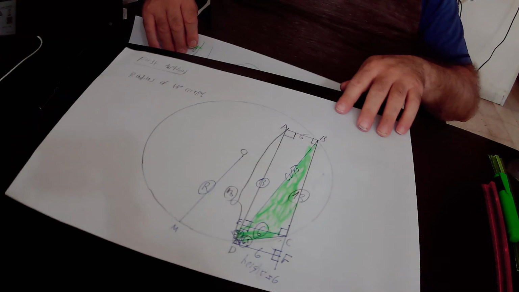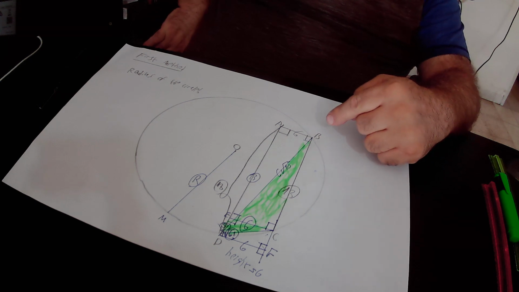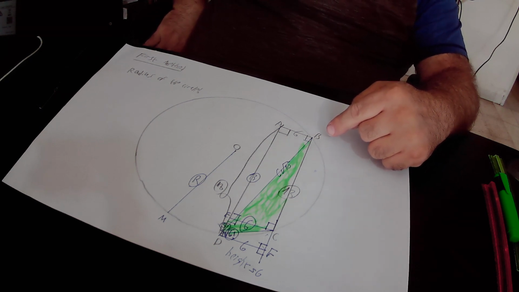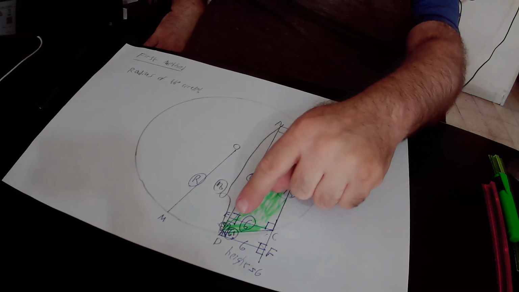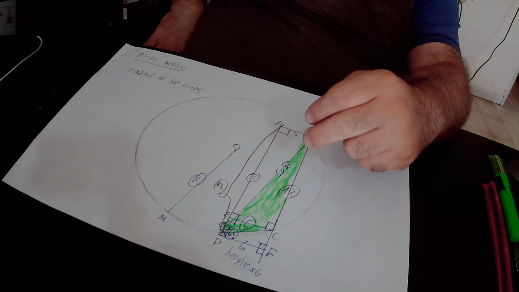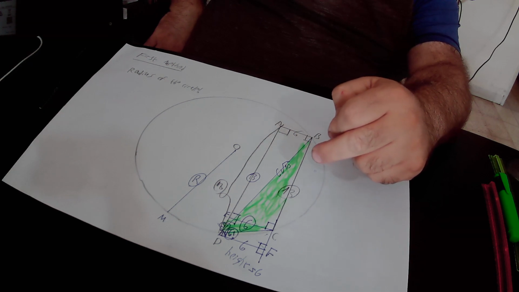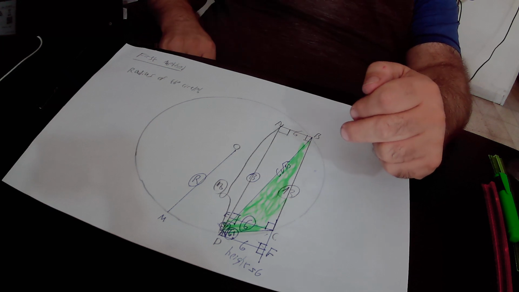Why? Because in our drawing we have the green triangle BDC. This vertex touches the circle at point B. This vertex touches the circle at point C, and this vertex touches the circle at point D. Therefore, we can definitely say that the green triangle BDC is blocked by this circle. Therefore, we can implement rule number 1 here.